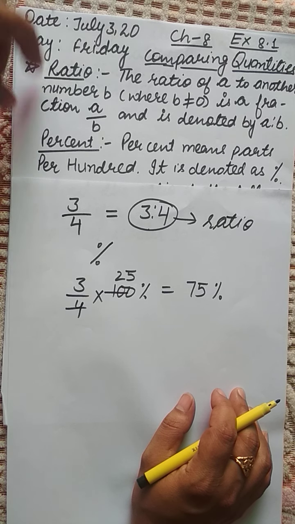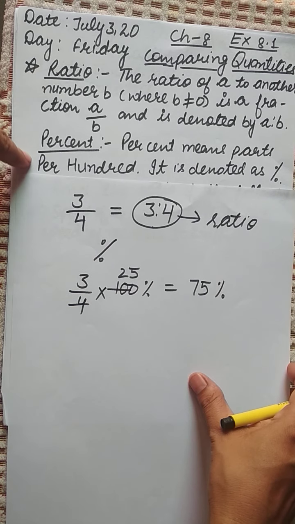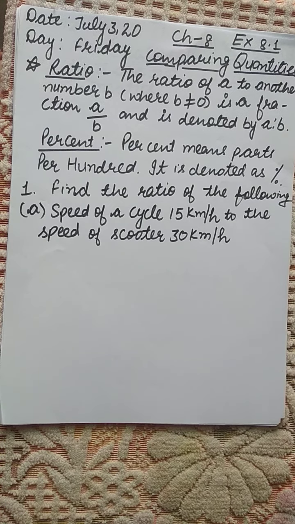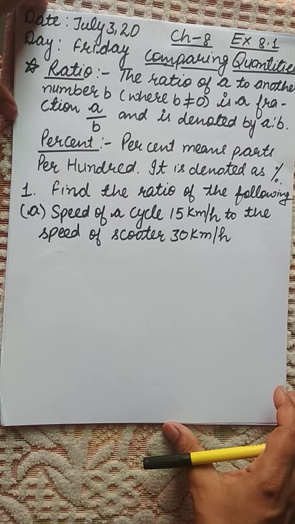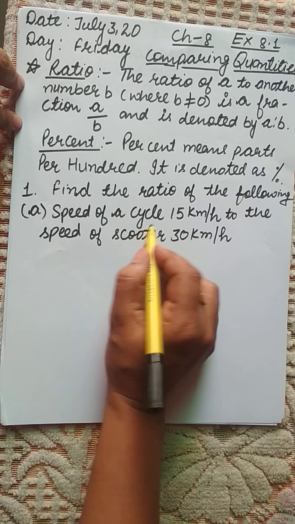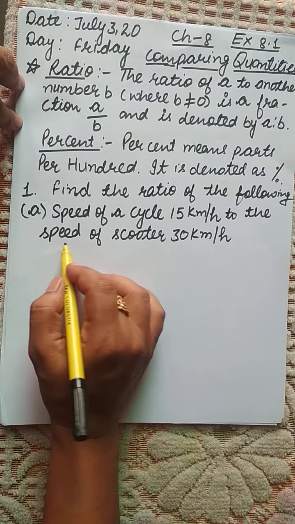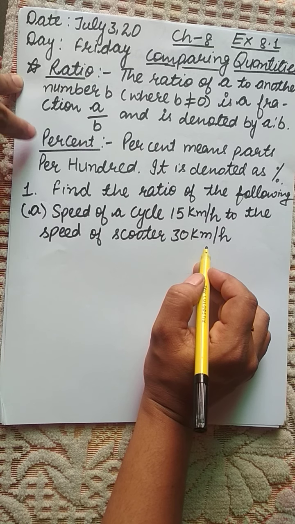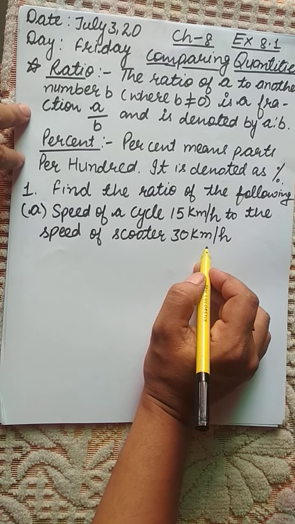Now let us discuss exercise 8.1. Question number 1, find the ratio of the following. First part is speed of cycle 15 km per hour to the speed of scooter 30 km per hour.